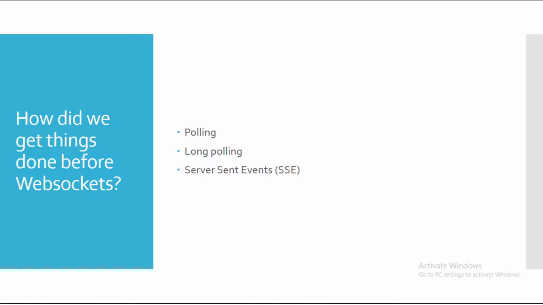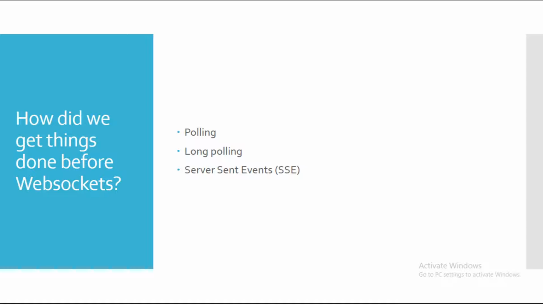So server sent events is where a client will request the server, and the server will create an open communication with the client, and it will not close, and it will execute scripts on the client with new information. So now here the server has real-time communication with the client, but not the other way around.